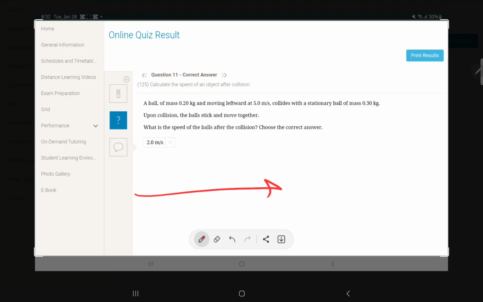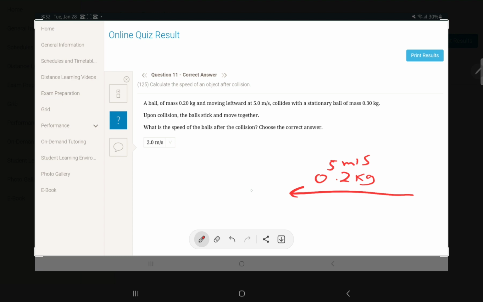We have a ball of mass 0.2 kilograms. It's moving leftward at 5 meters per second, leftward like this.